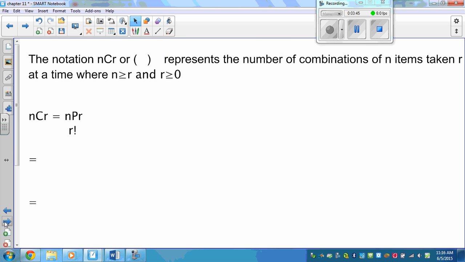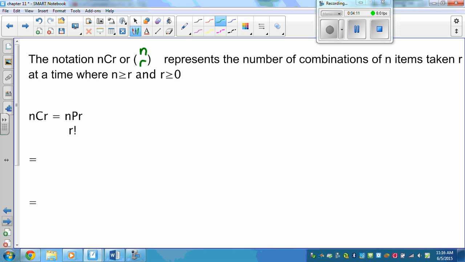So the notation you will see is nCr. This is a button on your calculator, or sometimes it's also written in a bracket as n over r like that. It represents the number of combinations of n items taken r at a time, where n is greater than or equal to r, and r is greater than or equal to 0.